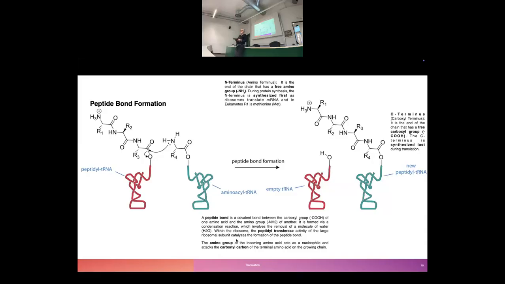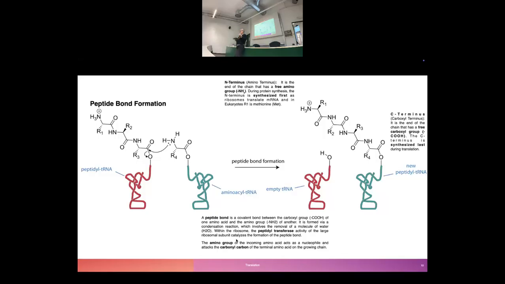And the reaction is a transfer from the carboxy terminal group of the peptidic chain, which had a covalent binding to the tRNA. So this one has to be hydrolyzed, and a new condensation reaction forms between this carboxylic group and the amine group of the new amino acid that at this point will be part of the chain.